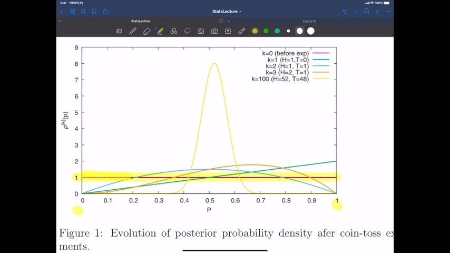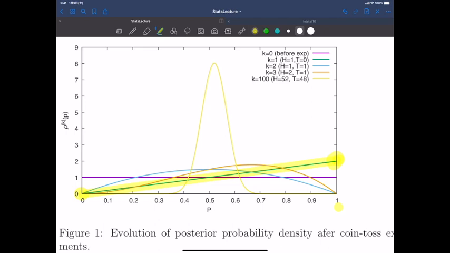And after the first experiment, we got 1 head and 0 tails. So after that experiment, our posterior probability looked like this. So it was biased towards head, right? This probability density is higher at head and 0 at tail.